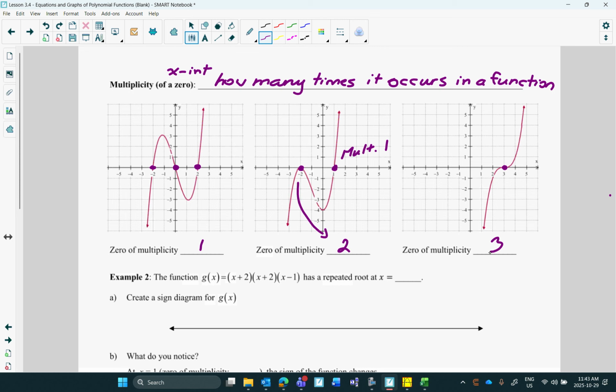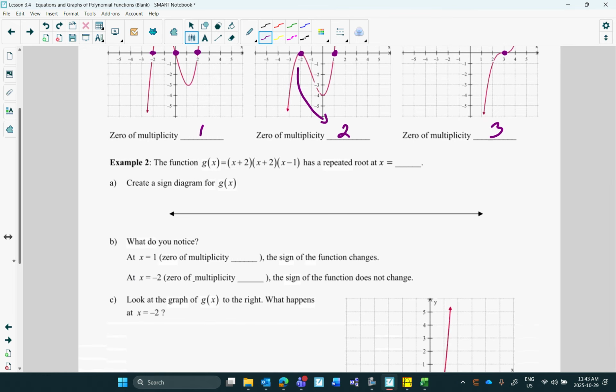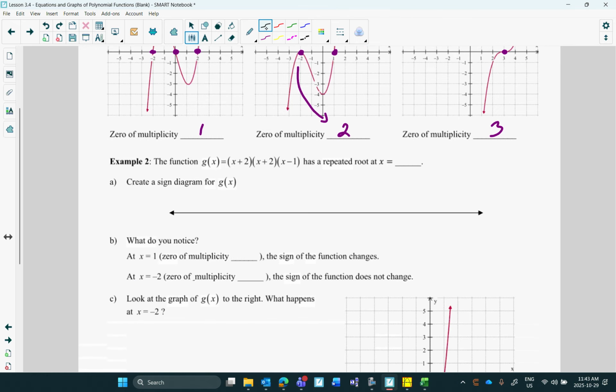So if you've got a 0 of multiplicity 2, that means it's going to happen twice when it's in factored form. So for example, and again, we're not going to do the sign diagram.